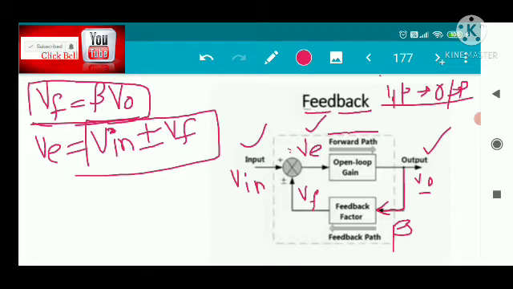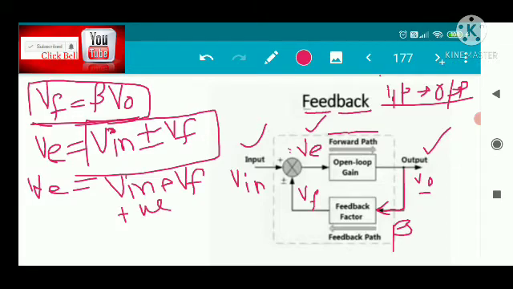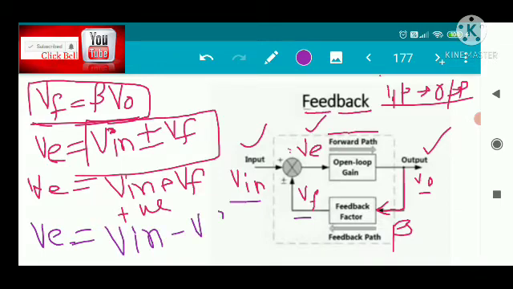If the error signal is V in plus VF, this is called the positive feedback. This error signal is nothing but the input plus or minus the feedback signal. If the error signal is V in minus VF, this is called the negative feedback.